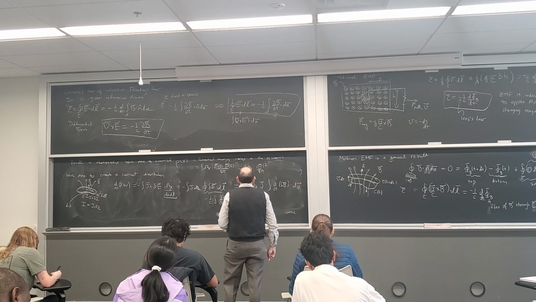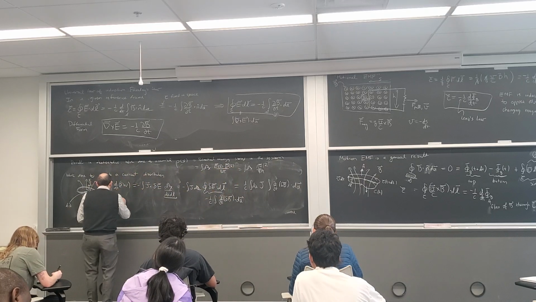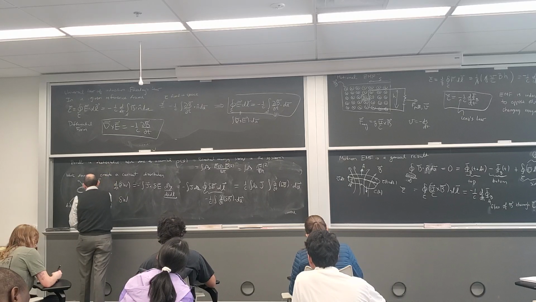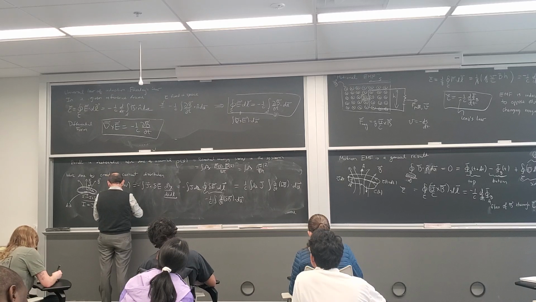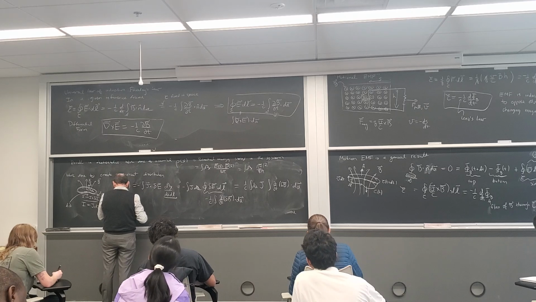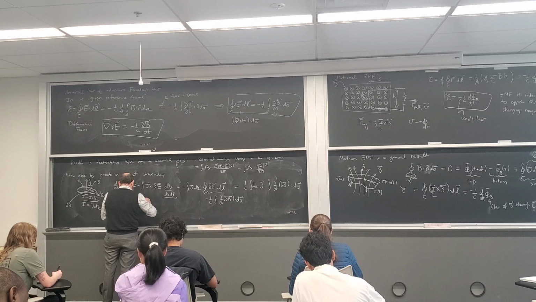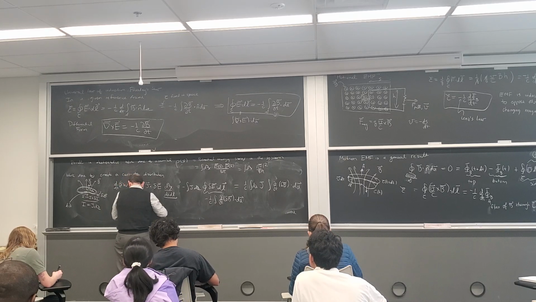Okay. So with that, I can think about how much work I did by trying to crank up the current by this amount. It's equal to, the minus signs cancel, I already did that, 1 over c, the integral of j dot dA.